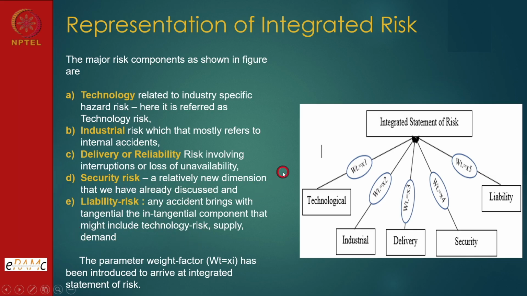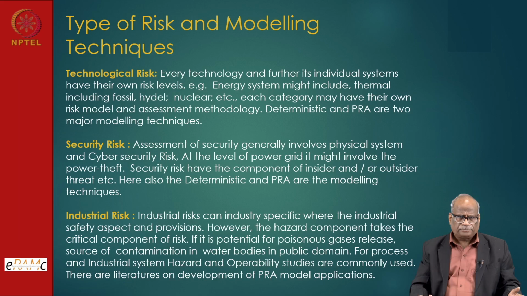So, if I take my technology and I develop an integrated risk statement, then how these components show up there is decided by the weight factor. How much weightage depends on the expert, how much weightage they will give to these factors, and that's how this provides a framework for us to handle and integrate different types of risk components or risk metrics.